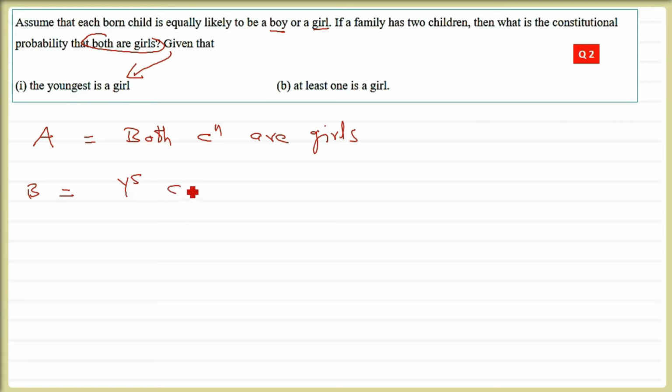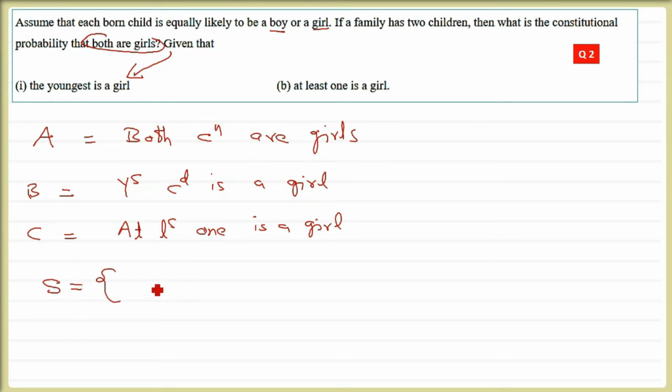Now what is B? The youngest kid is a girl. I'm writing in short. I'll show you how to write it in just a bit. At least one is a girl, this is our third event, again writing in shorthand. So what is the sample space? What is the conditional probability that both are girls? So 2 children are there.